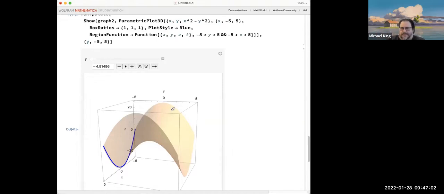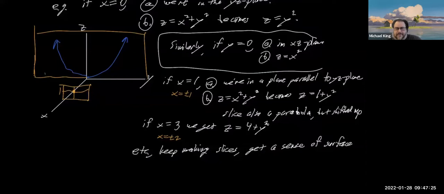So we've sliced vertically in these two different ways, right? But we could also try to slice horizontally. So maybe I'll go back to the iPad for a minute. So we have the vertical cross sections.